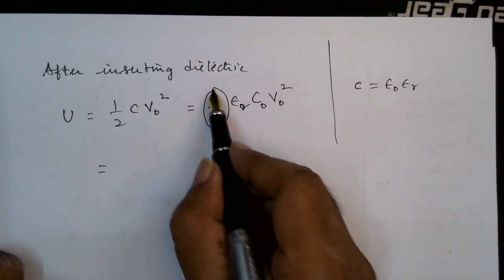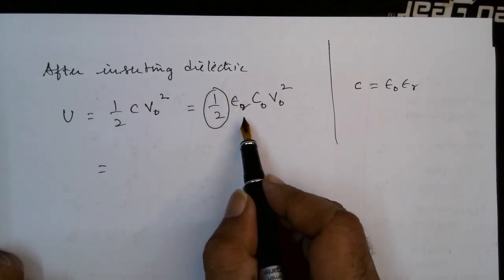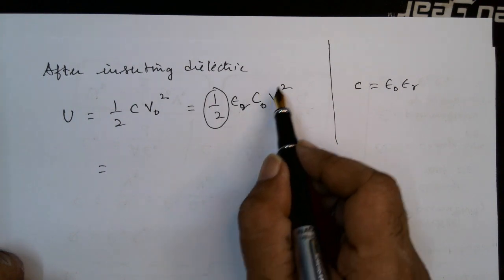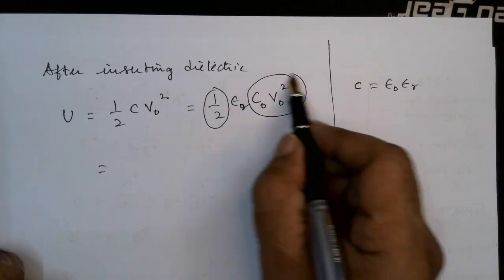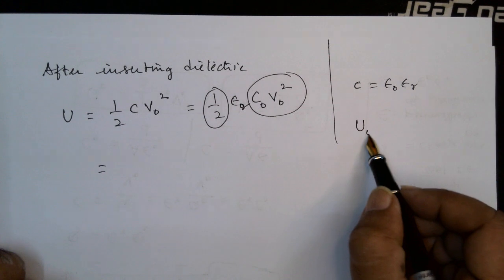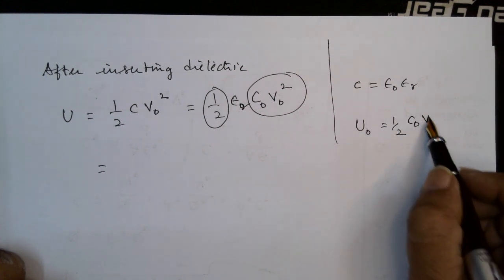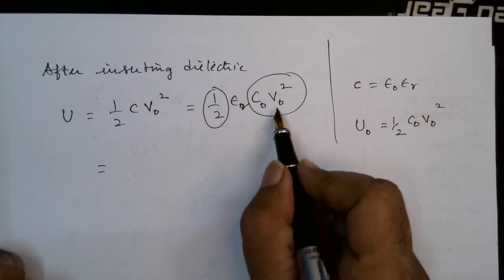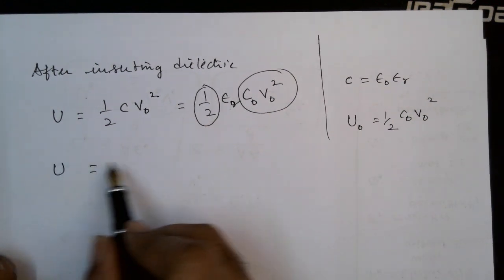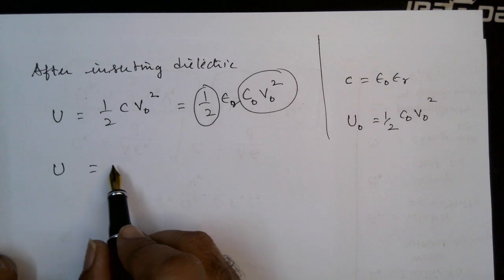So 1 by 2, and then C naught V naught squared, that is, 1 by 2 C naught V naught squared is equal to U naught. So you can replace this. Therefore U is equal to, what is that?